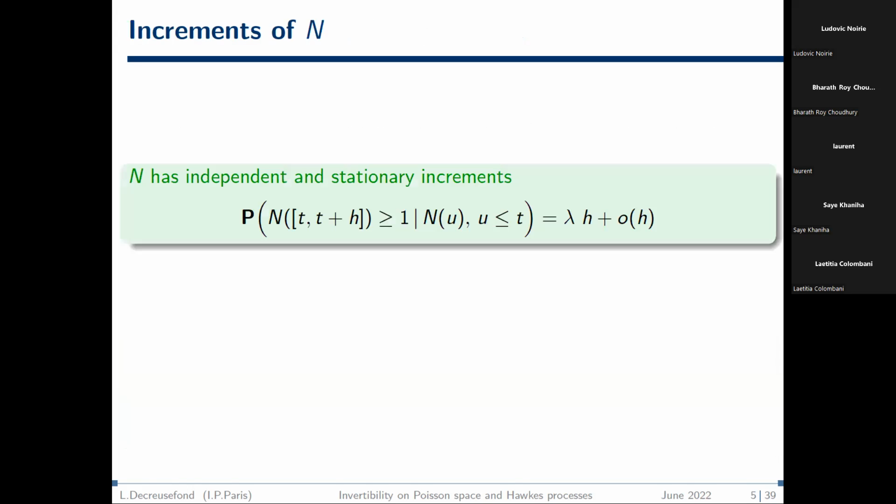What can we do next? The thing which is important for a Poisson process is that it has independent and stationary increments.